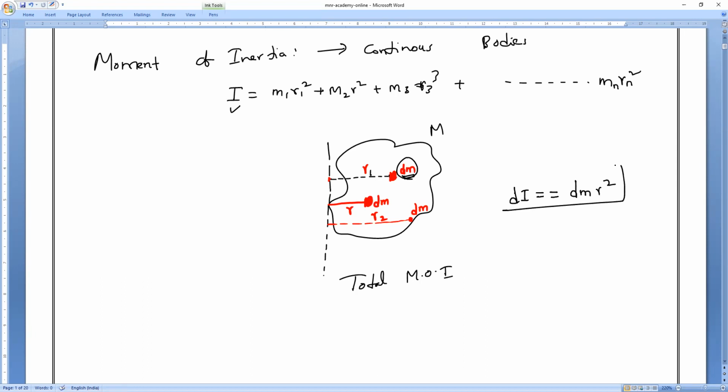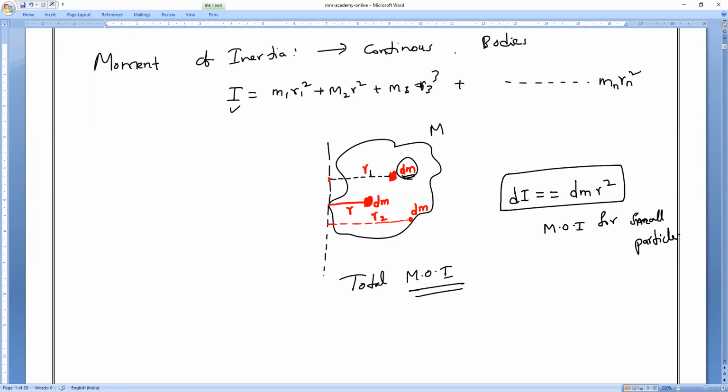Is it okay, Rudresh? So this is the moment of inertia for what, the total mass or a small particle? It is for the small particle. Now if I want to find the total moment of inertia, for a particular small particle we write dm into r square.